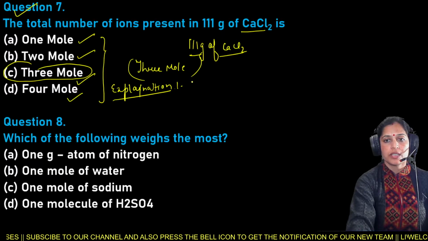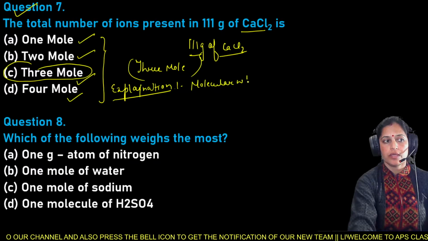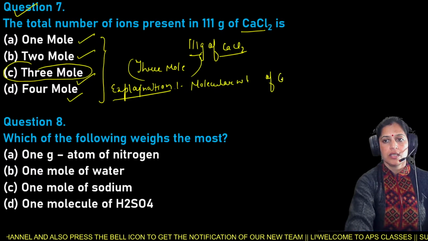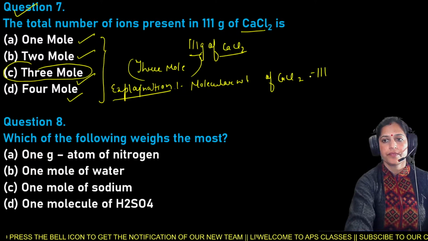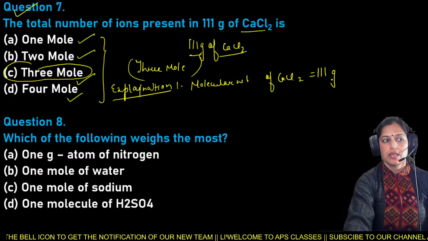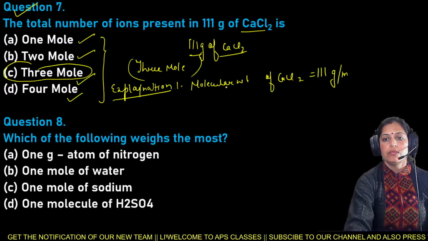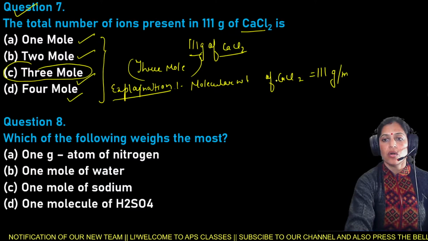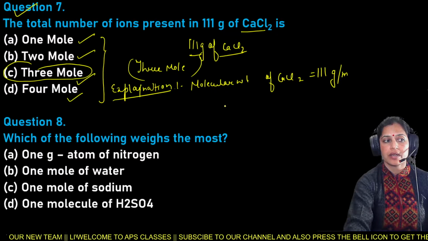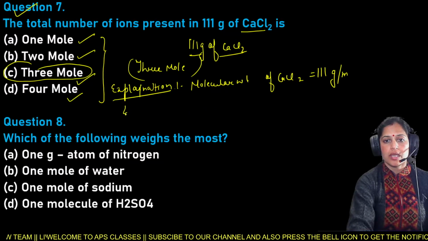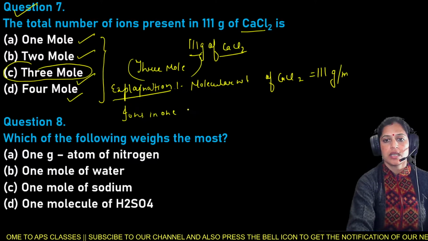First of all, beta, the molecular weight of CaCl2 is 111 gram per mole. Molecular weight of calcium chloride is 111 grams.